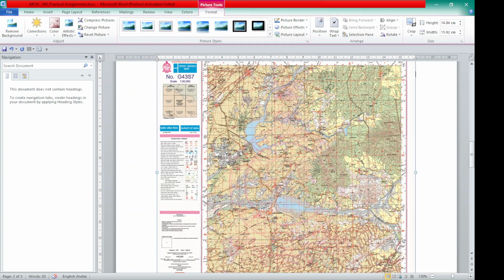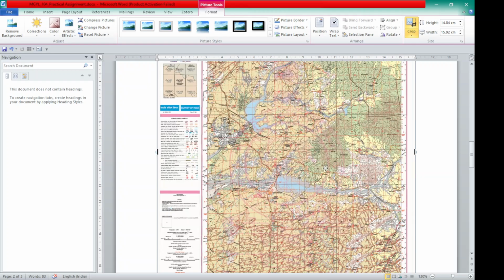We have made some markings over here, so we can retain this part, crop the rest of it.